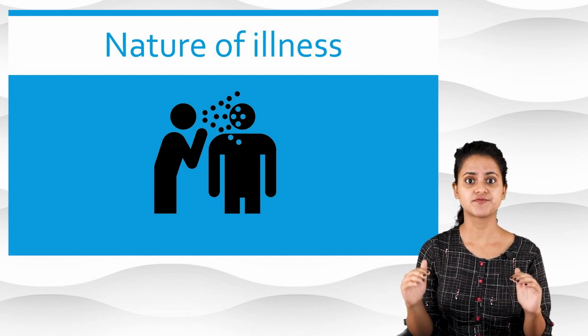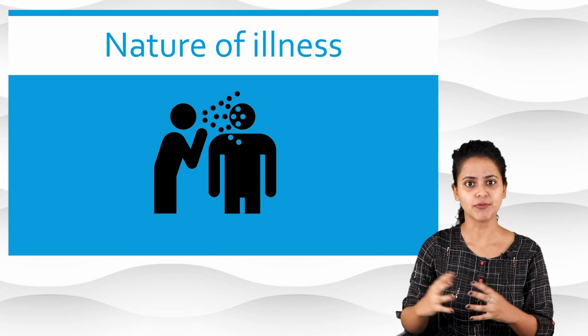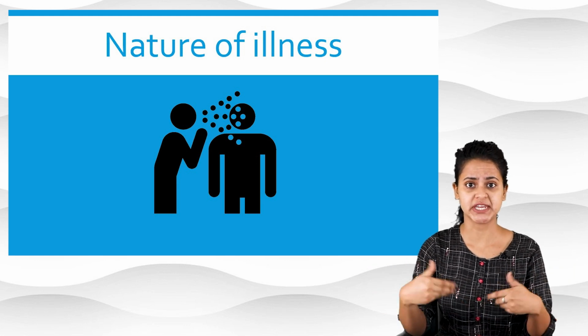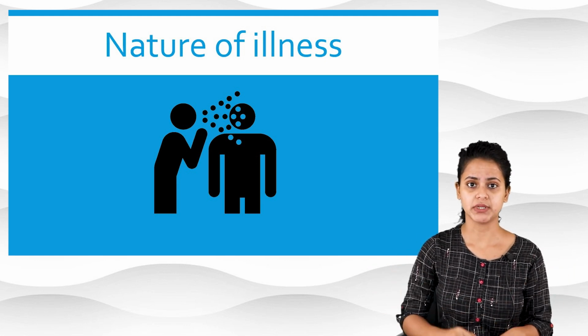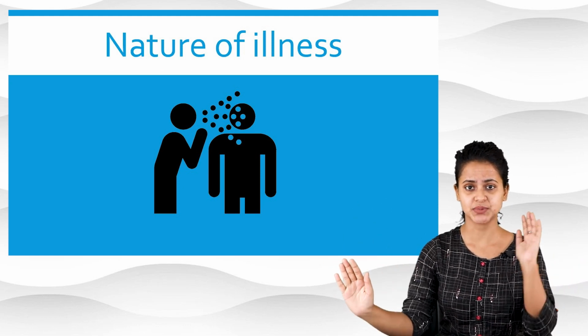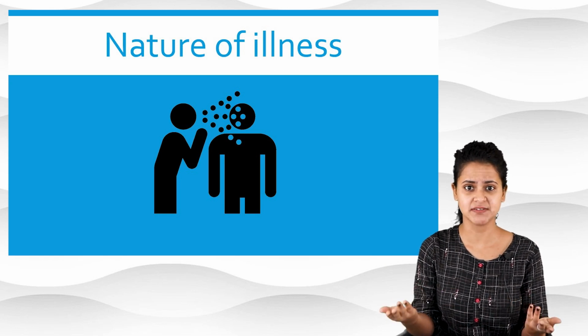This variable is very important because depending on what kind of disease a person is having, the illness behavior will always change accordingly. For example, suppose we take two persons, person A and person B. Suppose person A has developed a mild infection.